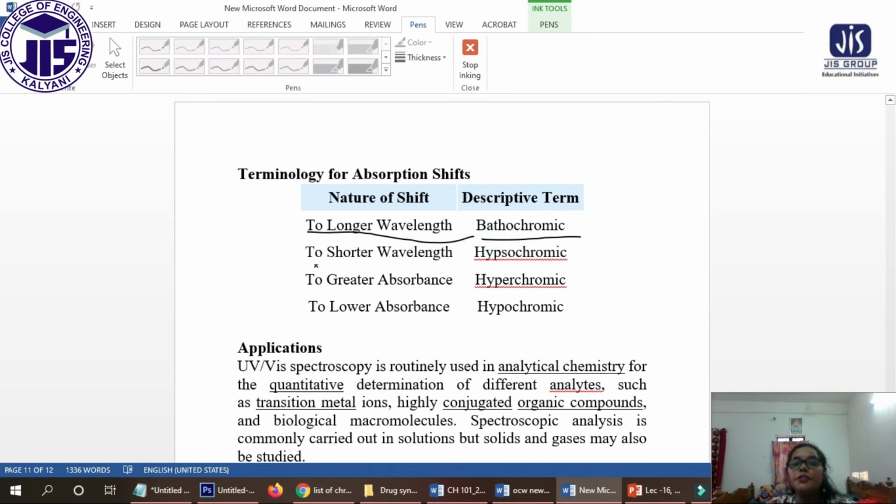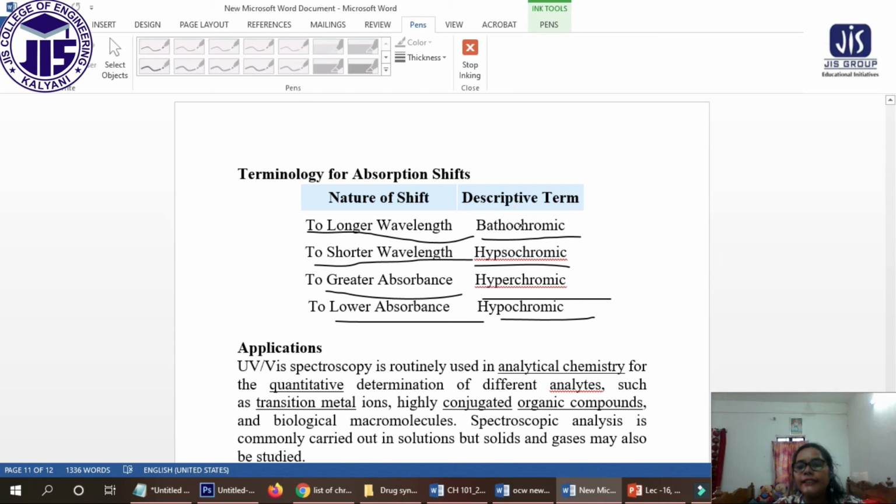If the shift is to a shorter wavelength, that is called the hypsochromic effect. If due to the presence of that functional group we see greater absorbance, that is called hyperchromic, and if we see lower absorbance, that is called hypochromic.